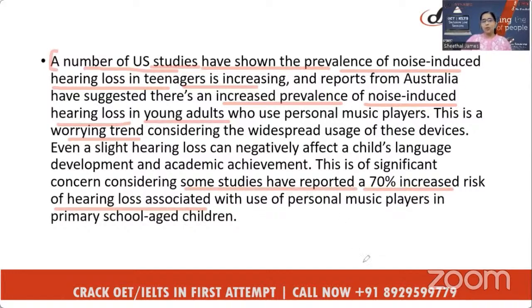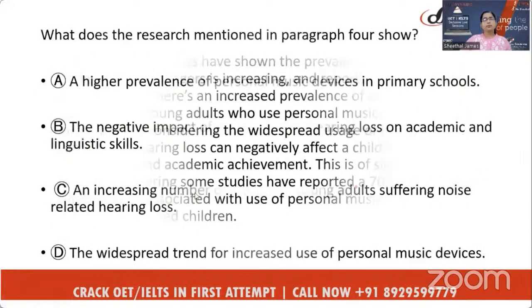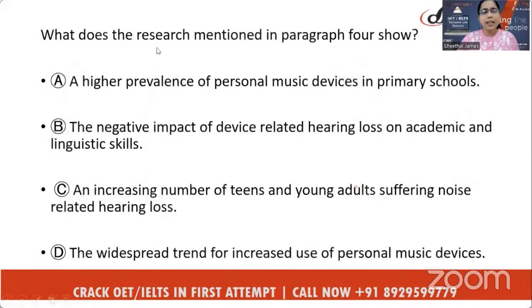So now when you go to the options, you can see that the research is mentioning hearing loss. The first option is about a higher prevalence of personal music devices. This you can eliminate very easily. The next option is the negative impact of device-related hearing loss on academic and linguistic skills.